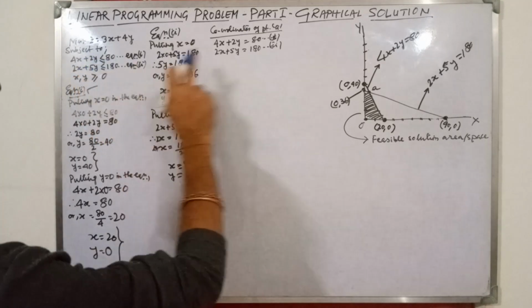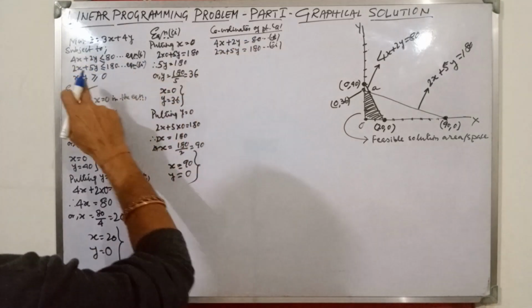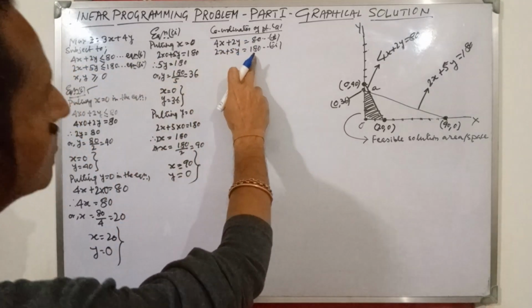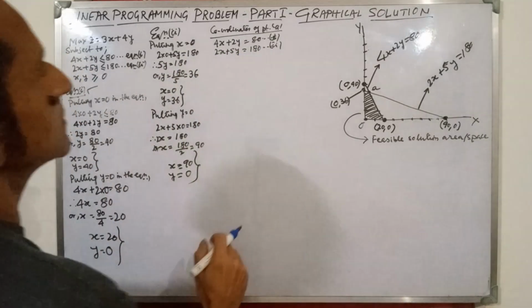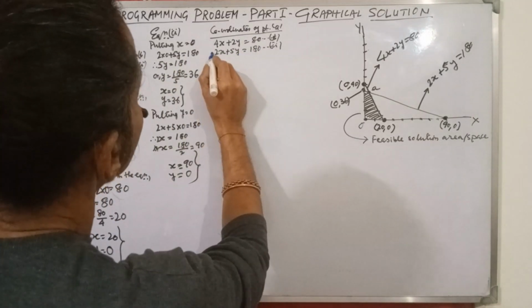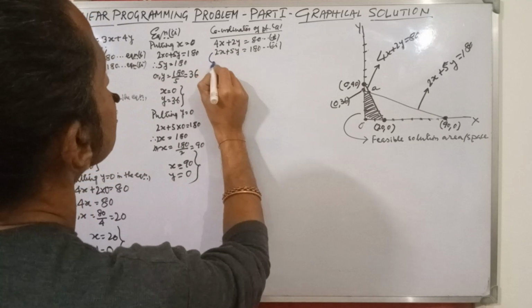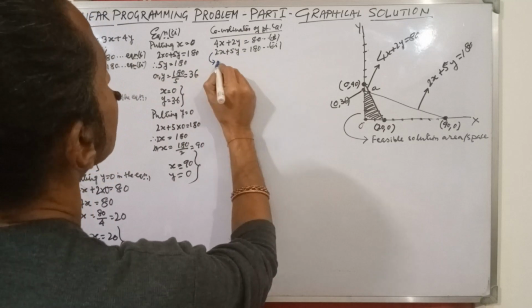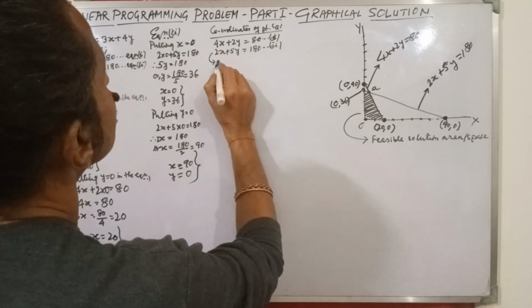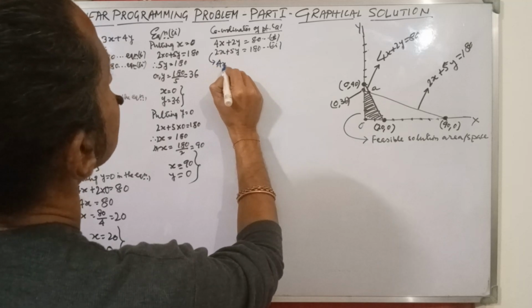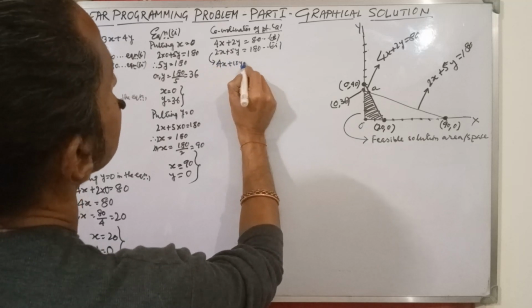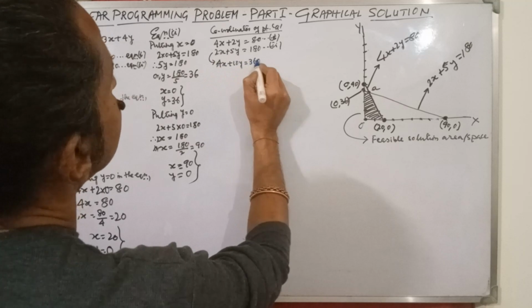Multiply equation 2 by 2. Four x plus 10y equals to 360.